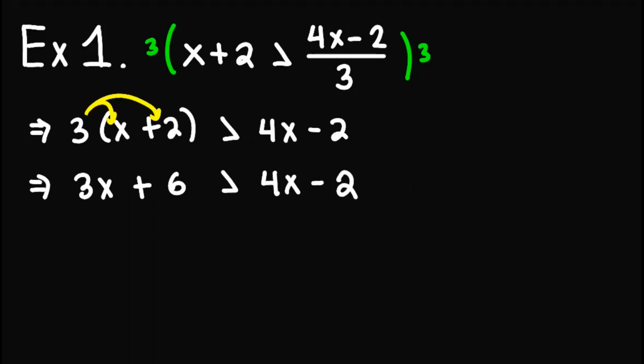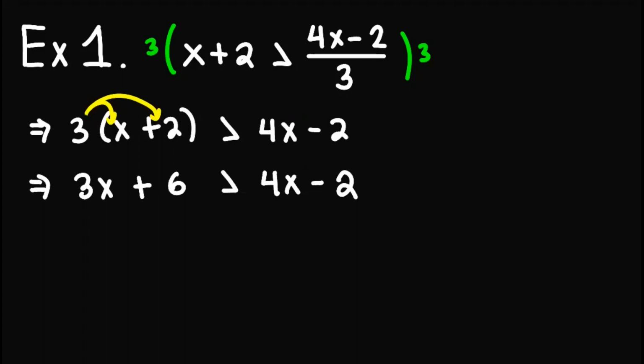And similar to how we solve equations, our goal is to isolate x on one side of the inequality this time, not equation. So we'll be able to clearly see the values of x that satisfy the inequality.